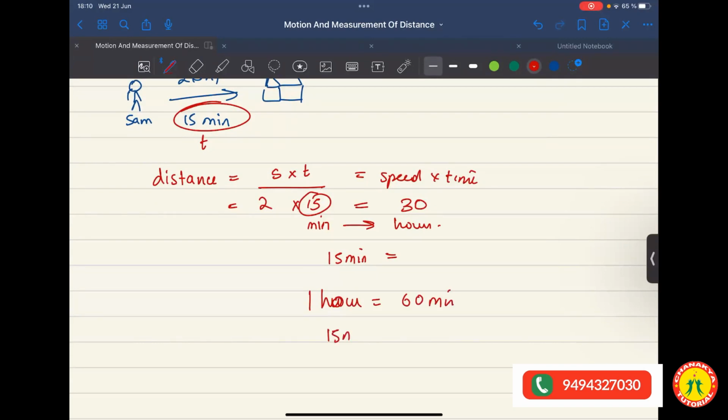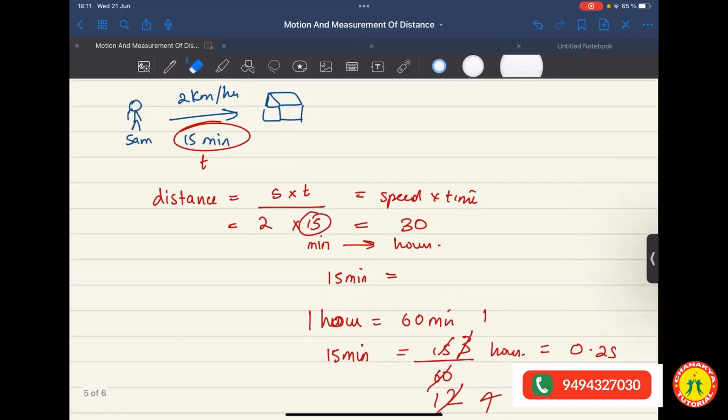So 15 minutes is 15 divided by 60 hours, which is equal to 0.25.